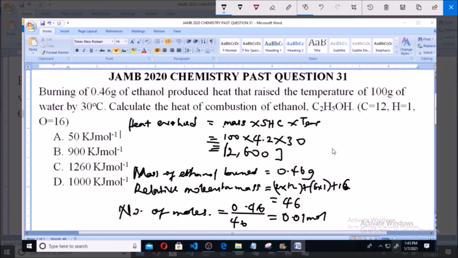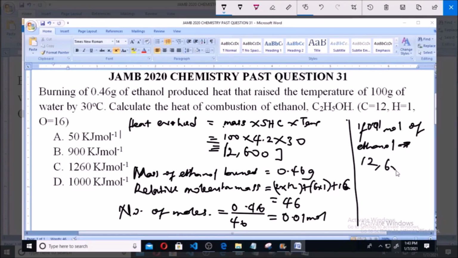Now, 0.01 mole of ethanol, when combusted, will produce 12,600 joules.